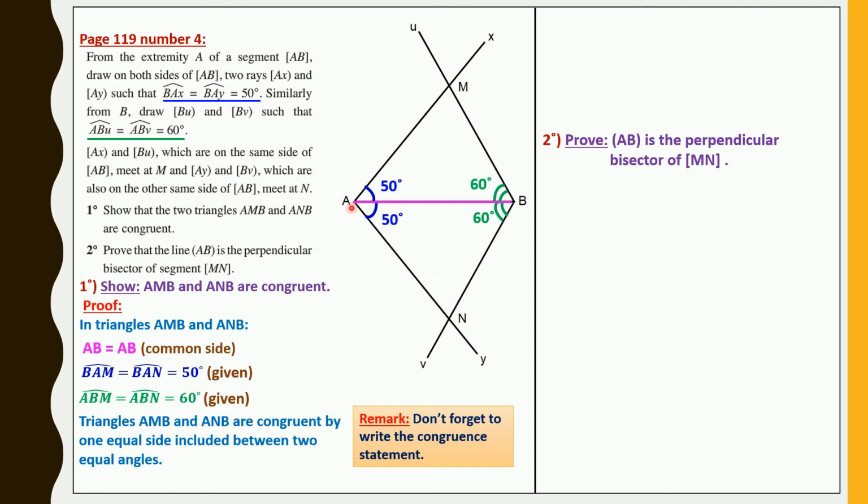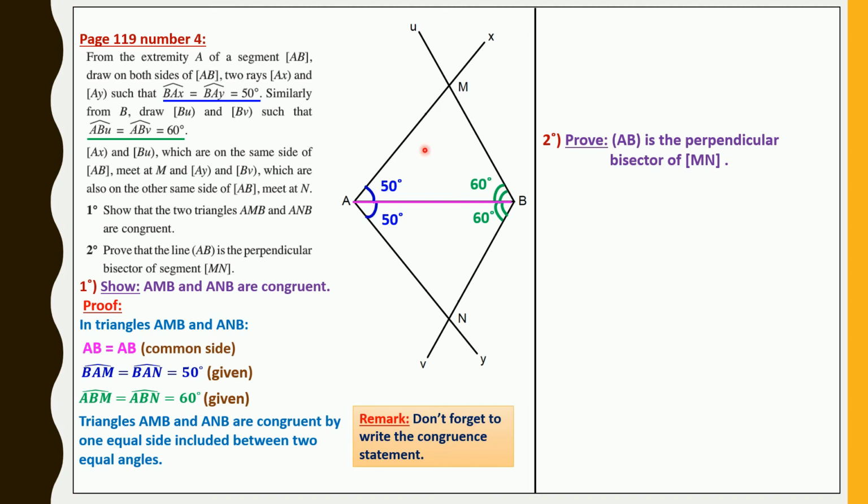If we prove that AM equals AN and BM equals BN, our work is done. So here, since the two triangles AMB and ANB are congruent, we can claim that all their corresponding elements are equal. In particular, AM equals AN.